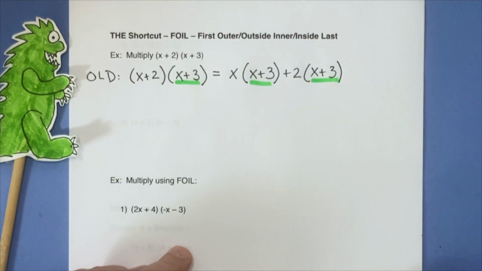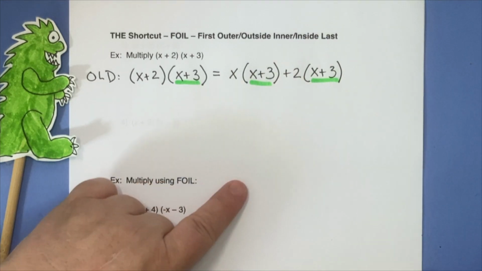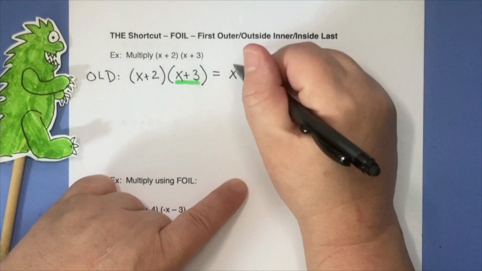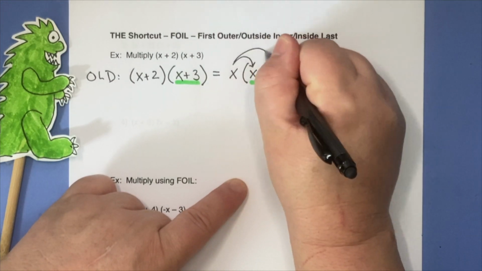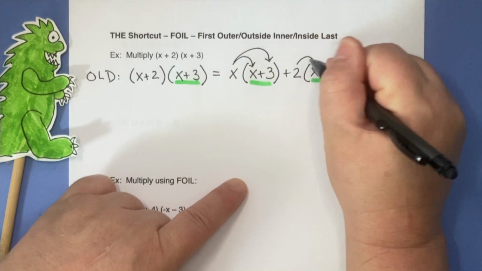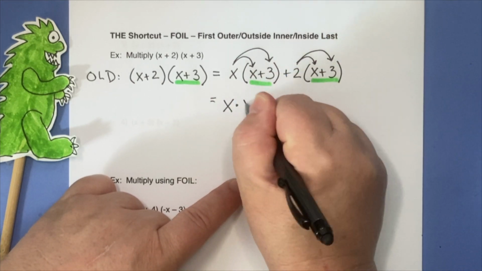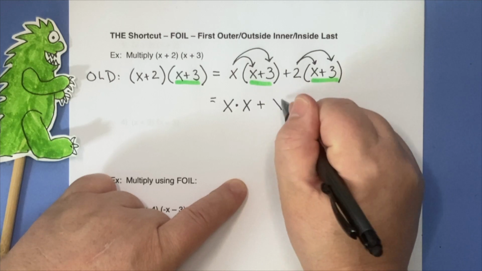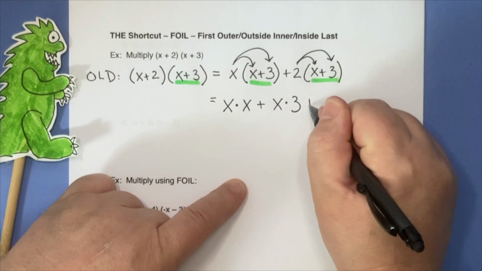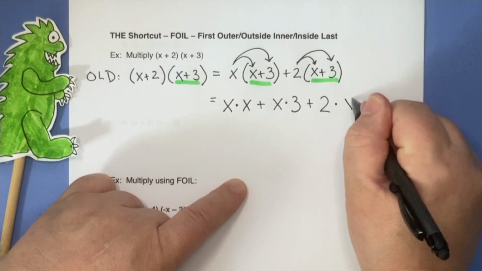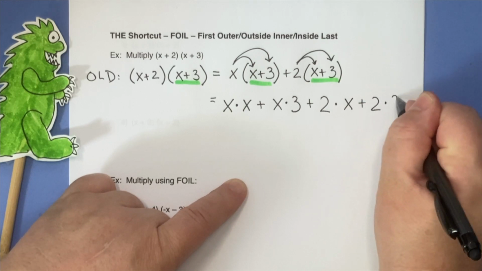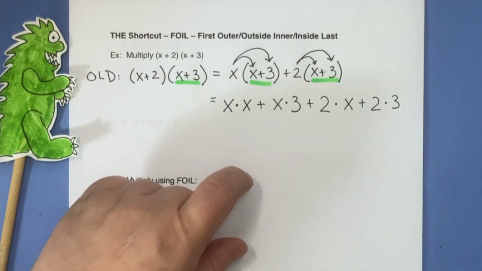There we go. And so then once we do that, we use the distributive property, and we're going to go ahead and multiply like this. So then I get x times x plus x times 3 plus 2 times x plus 2 times 3. And you can keep going.